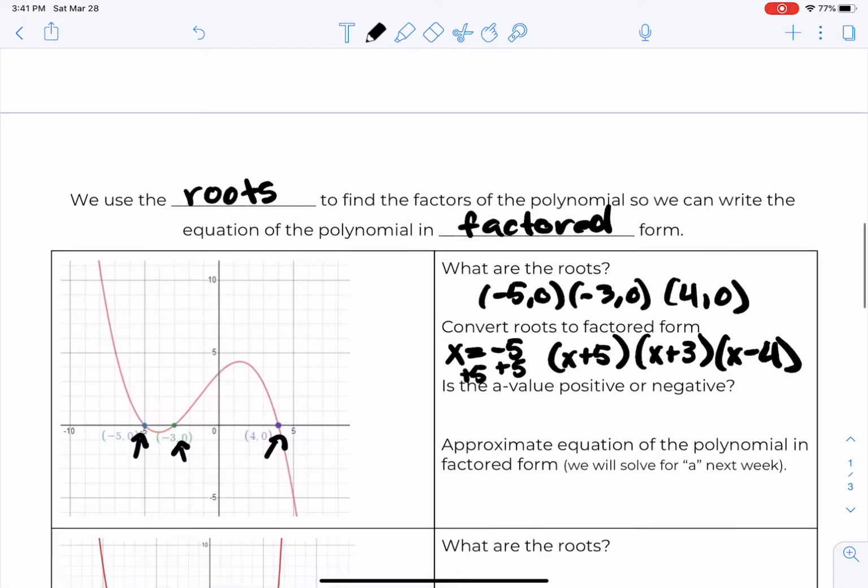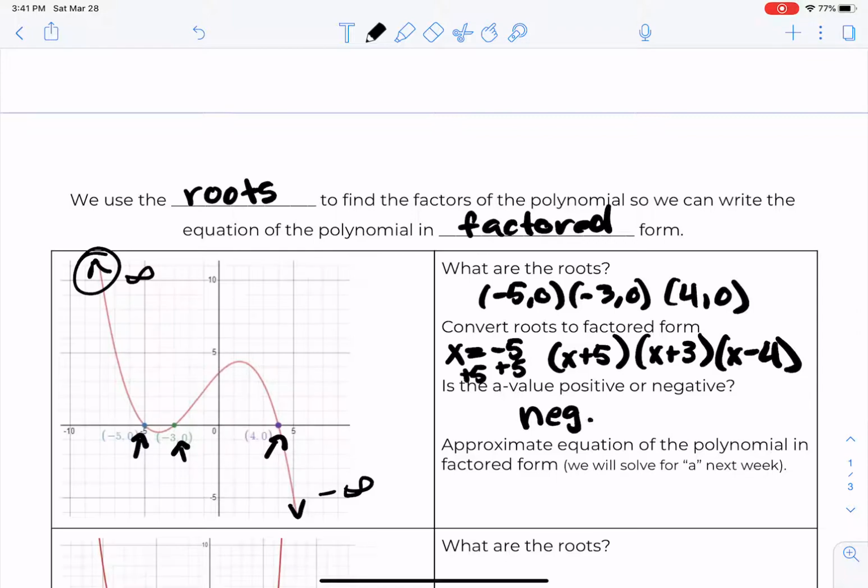Okay. Is the a value positive or negative? Let's look at the end behavior. On the left, we're rising to infinity, so my y values are rising to infinity. On the right, my y values are falling to negative infinity. When my y values fall to negative infinity, that means we have a negative a value.